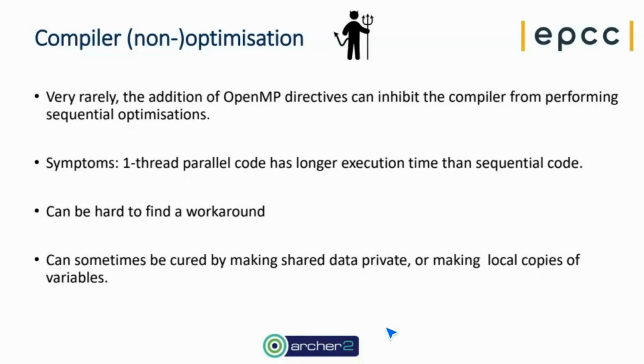In Fortran, those are entirely equivalent things to do, but for some reason that affected the compiler optimization, and just adding the OpenMP directives and running on one thread made it run about twice as slow. So you can get weird things like that.